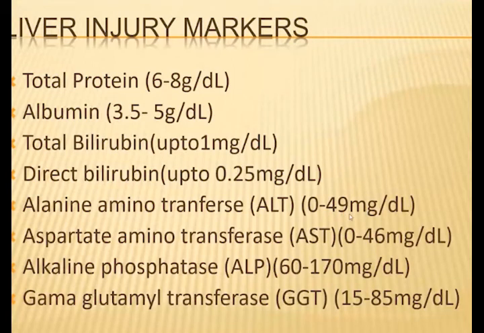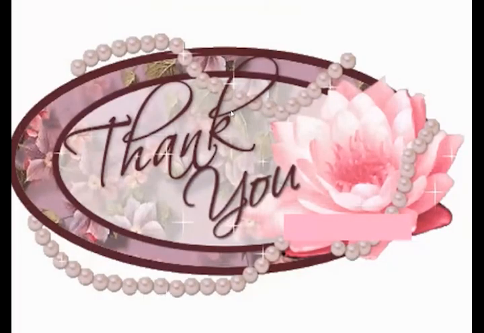Up to 50 you can have, and the aspartate aminotransferase AST up to 45 is normal, and alkaline phosphatase will be 60 to 170, and the gamma glutamyl transferase GGT will be 15 to 85. So all these investigations are done to find out the normal functioning of the liver.